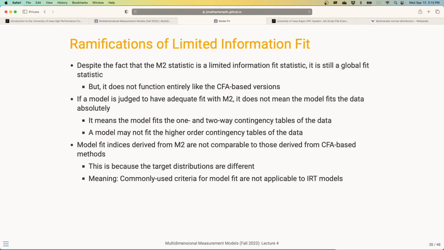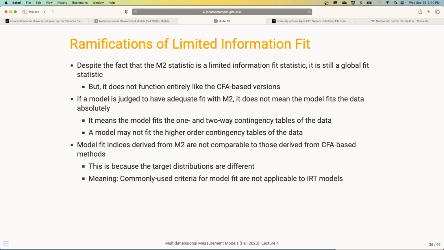The other thing that's different about this, even though when you go and use M2 in your homework, you'll see an RMSEA, a CFI, a TLI. You'll connect those to what you see in CFA world. Their use is different. Like their scale is different. And it's not entirely clear what the values should be.